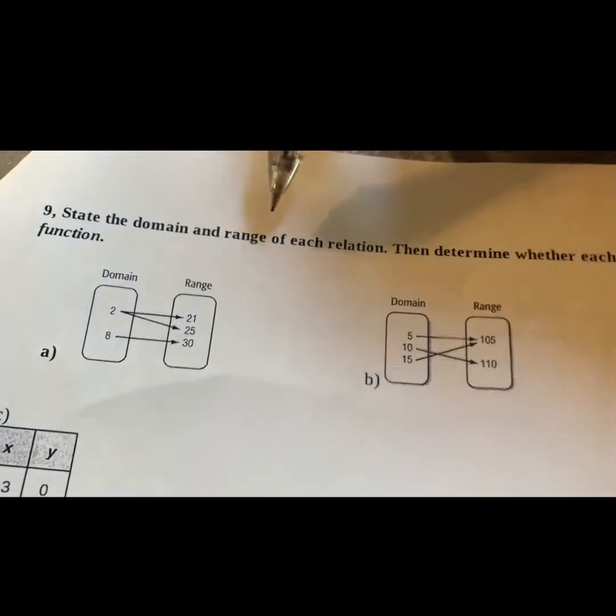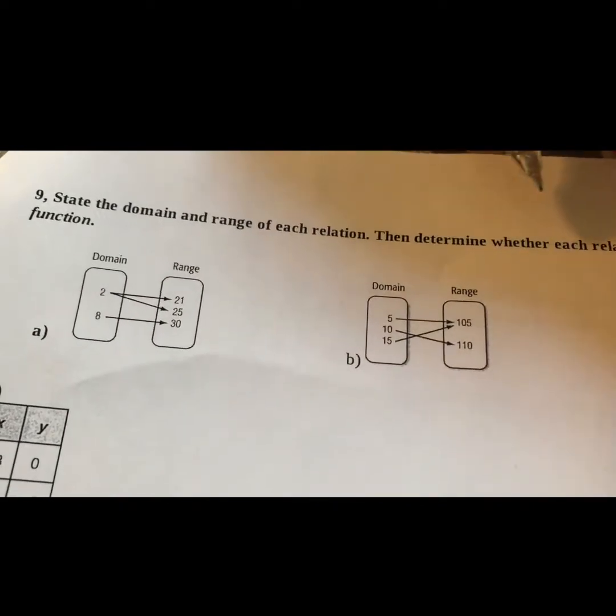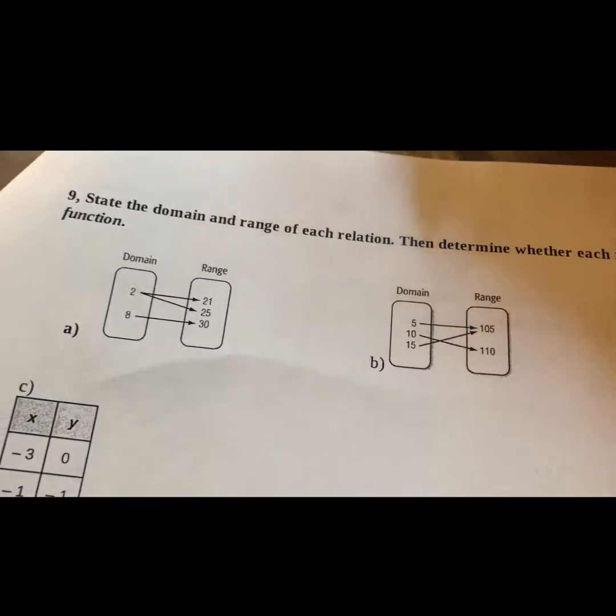State the domain and range of each relation, then determine whether each relation is a function. So this has your domain and range already stated, but it is not a function.